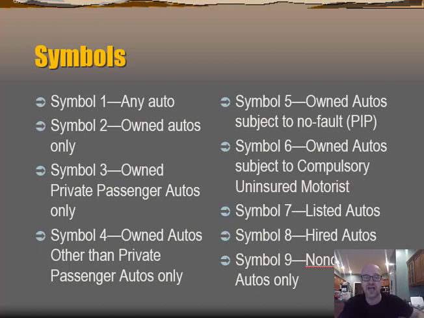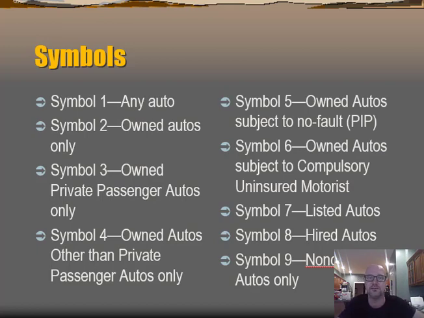And then number 9 is non-owned autos only. So maybe you frequently borrow some other vehicle that you know about. If you know that, again, your insurance company won't sell you symbol 1. If you got symbol 1, you don't need any of these others except maybe 5 and 6. But they won't sell you symbol 1. You got symbol 2, owned autos only. Okay, well, sometimes I drive these other vehicles that we don't own.